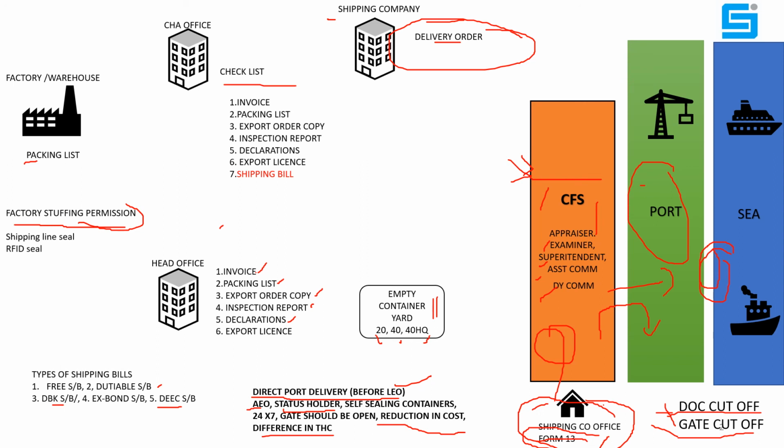Definitely you are not going to pay for a full container, and you will not use the full container when your cargo is 40% or 60% of it, because container cost is high. When the cargo is small, less than a container, it is called LCL.